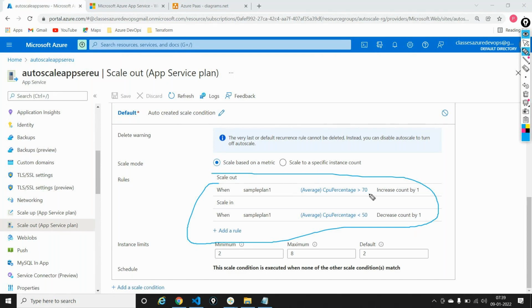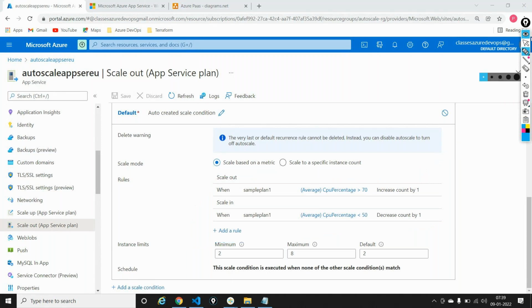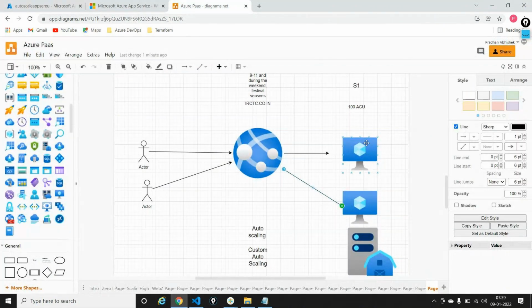So whenever there is an increase, whenever something like 71 ACUs are being consumed in the backend instances, please add one more machine. By default, there will be two machines running in the backend. Irrespective of what your load or utilization is, by default I need two instances running in the backend.